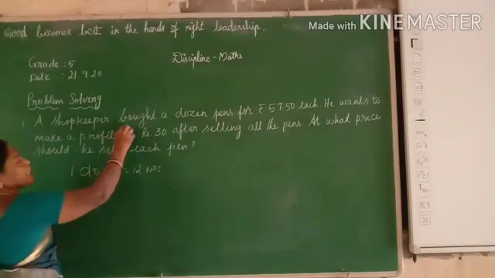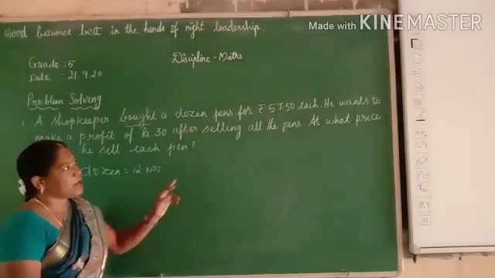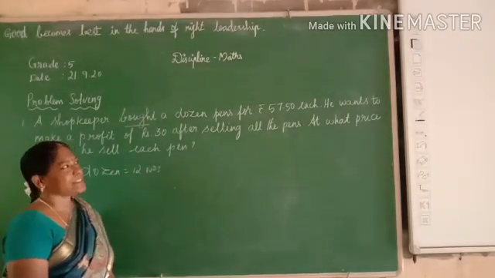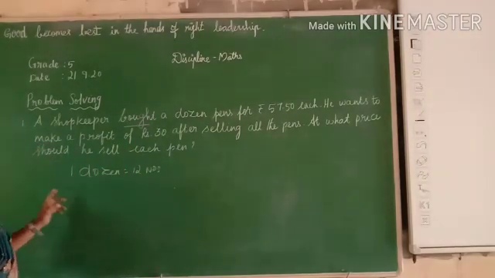So what was given in the question? Bought means buying, so that is the cost price. Cost price is 57 rupees 50 paise each pen. Then he wants to make a profit of 30 rupees.